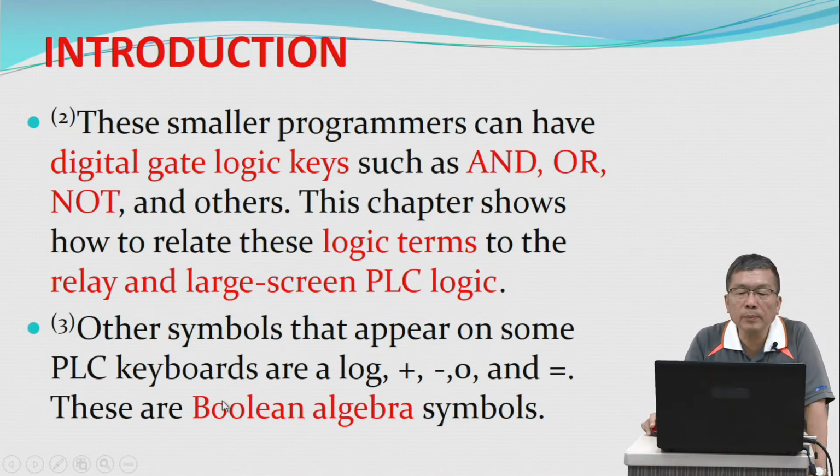These smaller programmers can have digital gate logic keys such as AND, OR, NOT, and others. This chapter shows how to relate these logic terms to the relay and a large screen PLC logic.